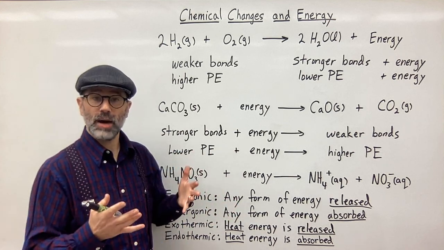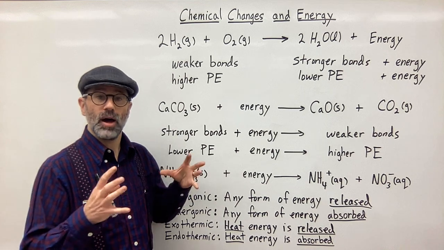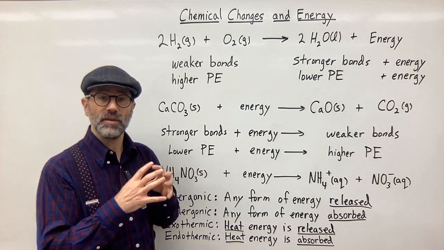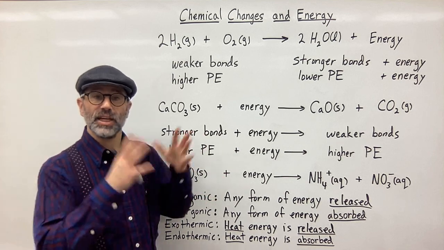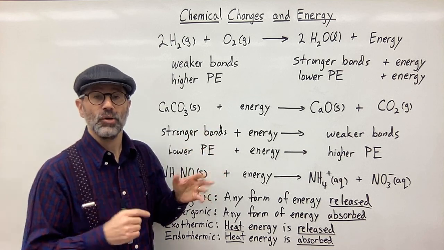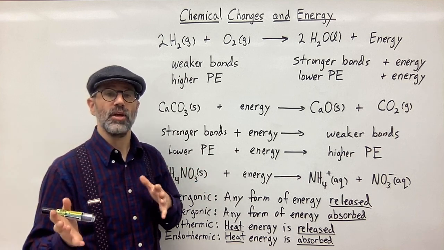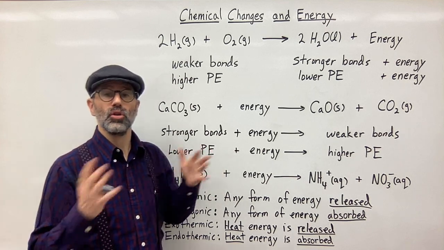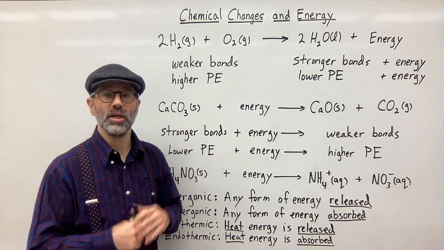Or the other way around, you can think of it as, the higher the potential energy, the weaker the bond. Then when you form that bond, less energy is released, right? So it all depends on the strength and weakness of the bonds and how high or low the potential energy of those bonds are.